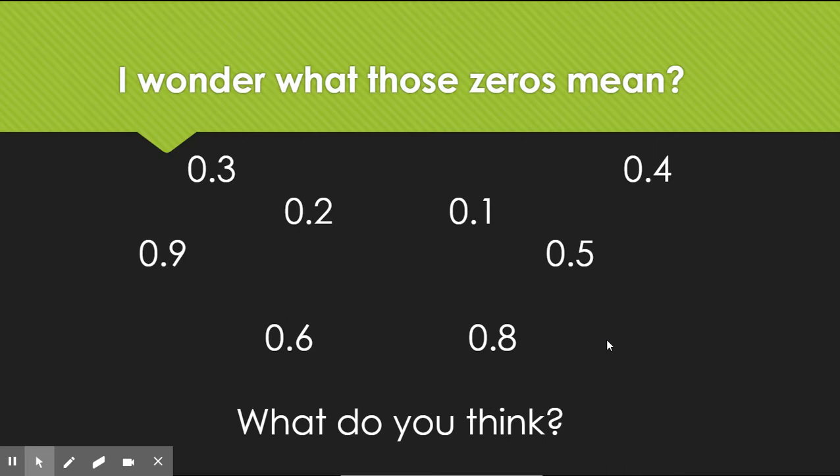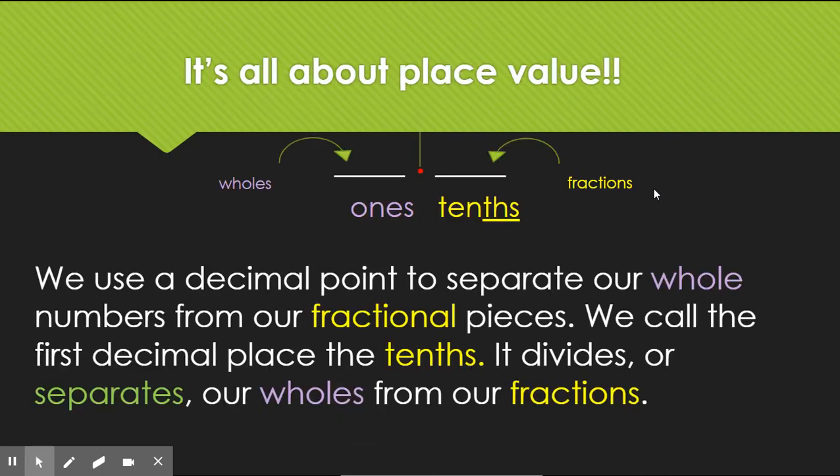All right, so it says, I wonder what all those zeros mean. If the decimal point separates the wholes from the fractions and decimals, then on one side you're going to have your whole numbers, and on the other side you're going to have your decimals. It says it's all about place value. So the decimal separates, like we said, the whole number.